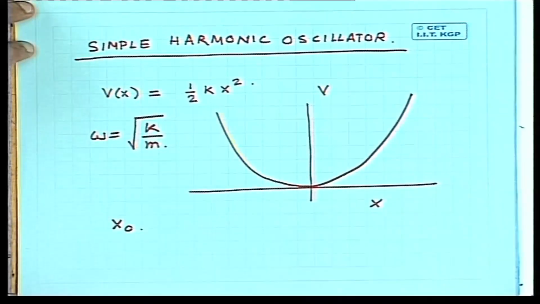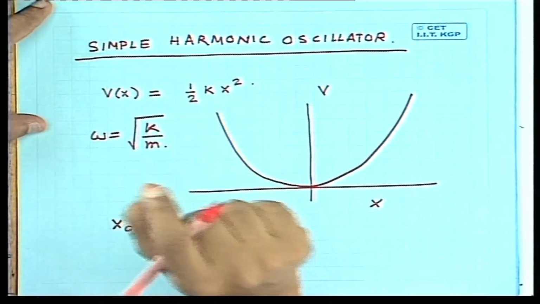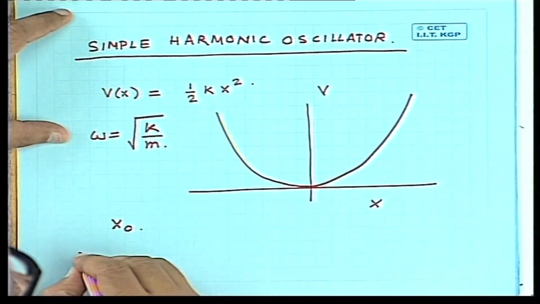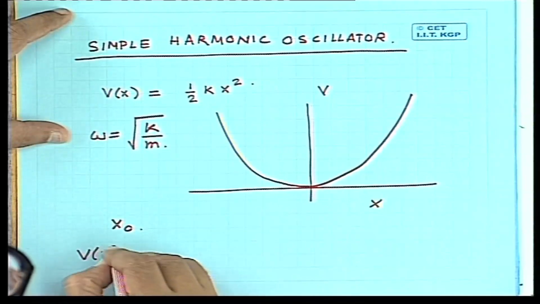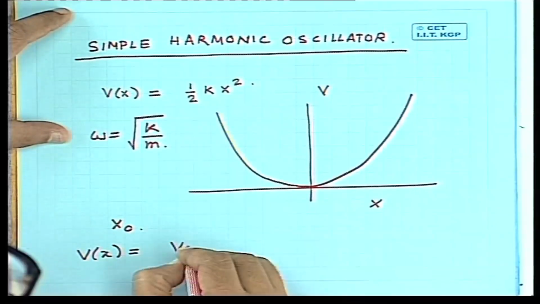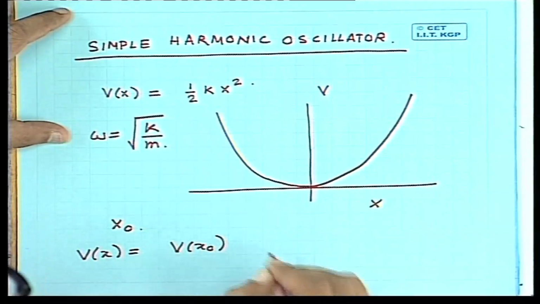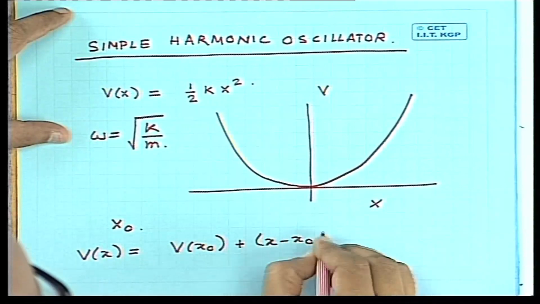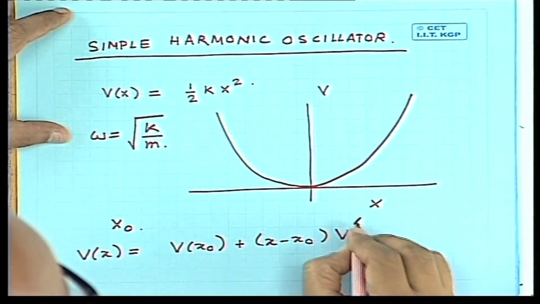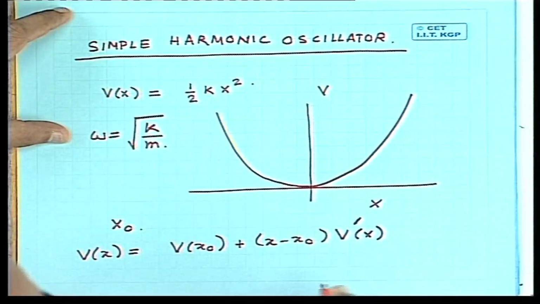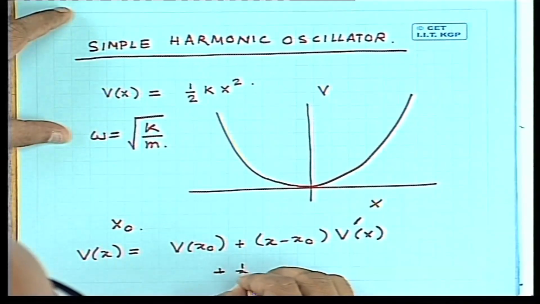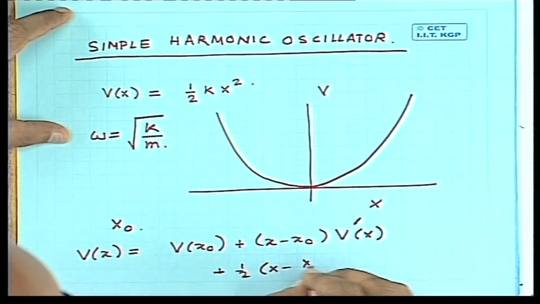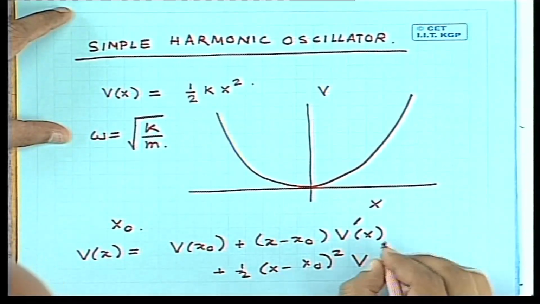So in such a situation, if x naught be the equilibrium point, let us look at a particle which is in equilibrium. So for a small disturbance around x naught, we can do a Taylor expansion. So this will be V of x naught plus x minus x naught into the first derivative, which I denote by this dash, plus half x minus x naught squared V double dash.